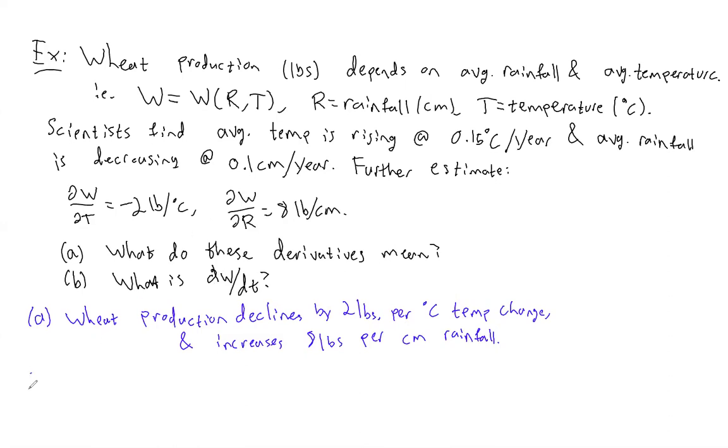What about dW/dt? Well, again, this is a chain rule problem. And so that's going to depend on your change in temperature over time, but it's also going to depend on your change in rainfall over time.